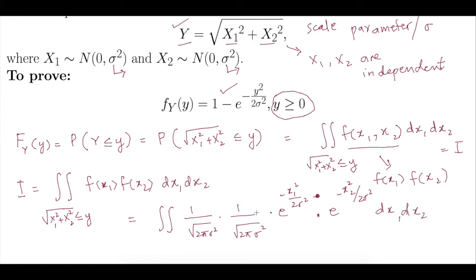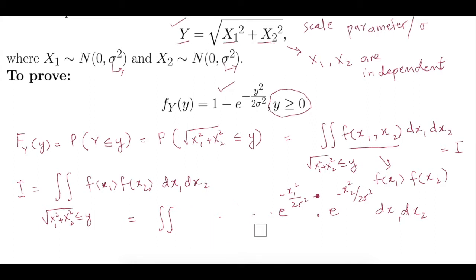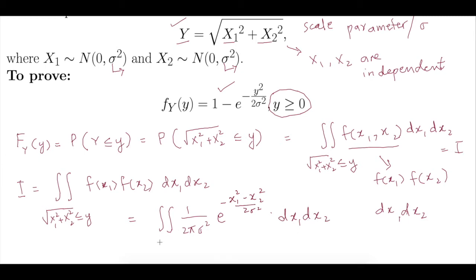Now to save space, I will write 1 over 2 pi sigma squared, and then I will erase this and write the exponent as minus x1 squared minus x2 squared over 2 sigma squared, dx1 dx2, and again my condition is that x1 squared plus x2 squared is less than or equal to y.